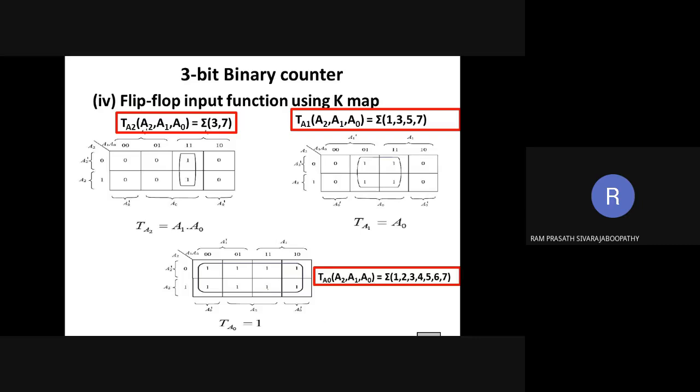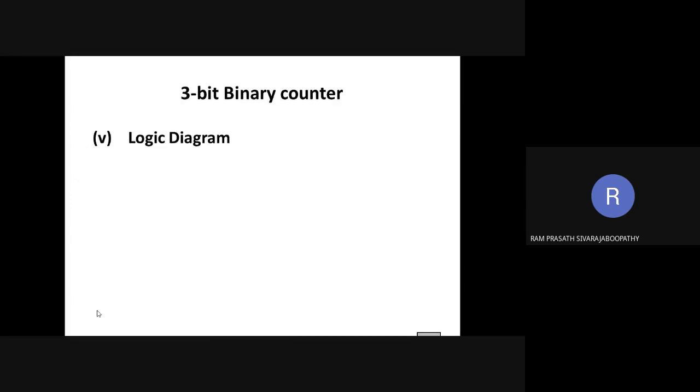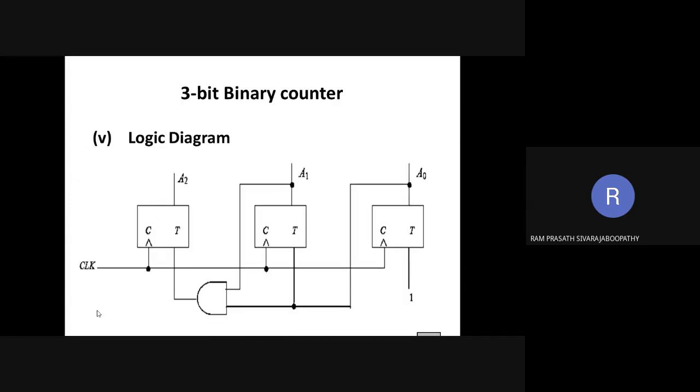After solving, you will have TA0 equal to 1, TA1 equal to A0, TA2 equal to A1 dot A0. That's all. Fine? So this is the logic diagram for a 3-bit binary up counter.